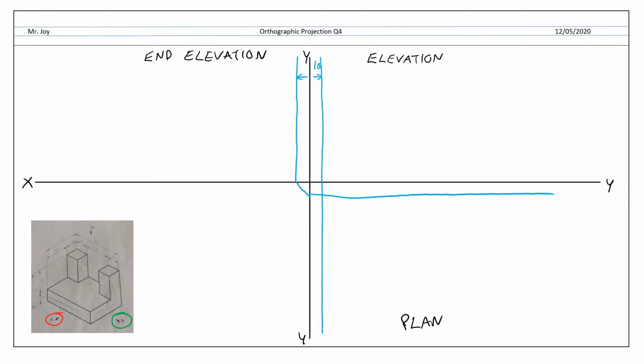Okay, so if we're looking in the direction of arrow A, we can see this surface, this surface, and this surface. So the first thing that I would always recommend to do is put in the vertical distances apart. So 25 mil away, then 50, and then another 25.